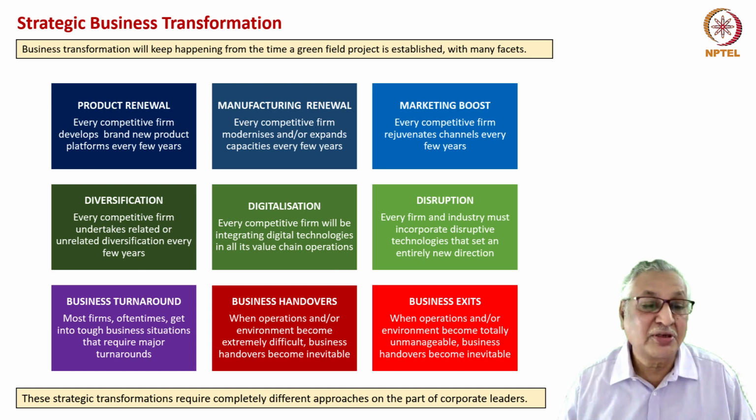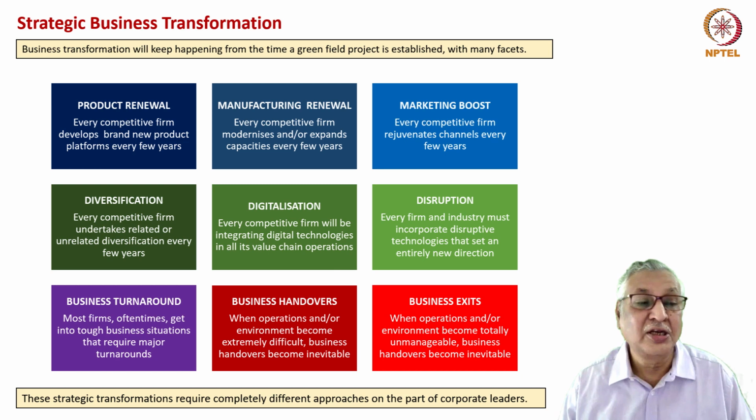Every competitive firm must undertake related or unrelated diversification every few years. A firm cannot stand still with the kind of products it developed a few years ago. The technology is changing, the consumer needs are changing, the company has to remain ahead of the curve. Therefore, diversification is the fourth important aspect of strategic business transformation.